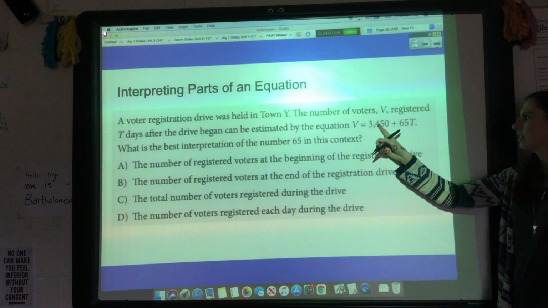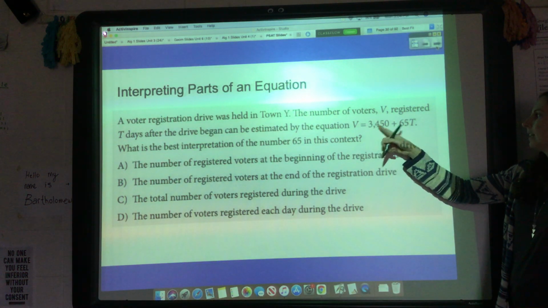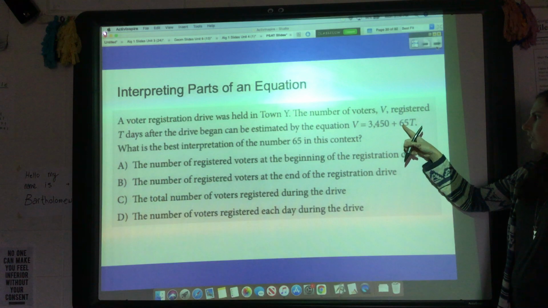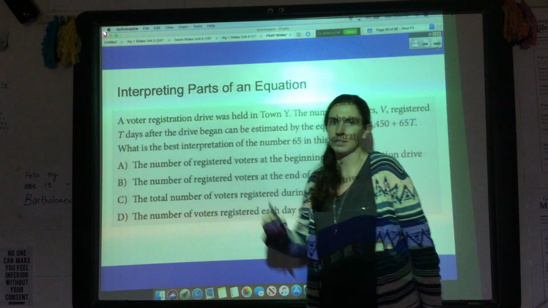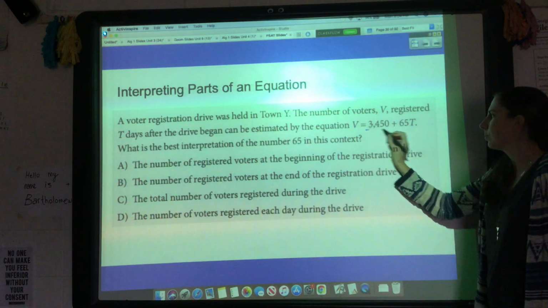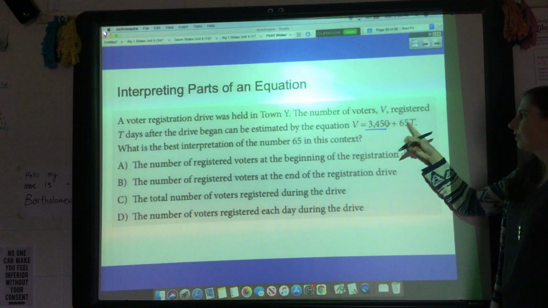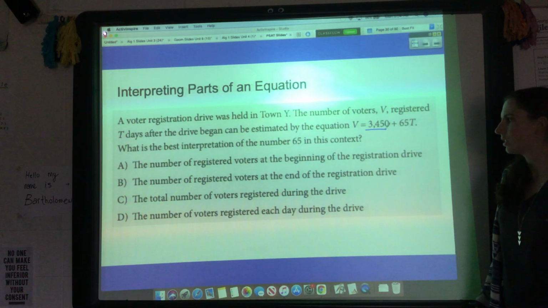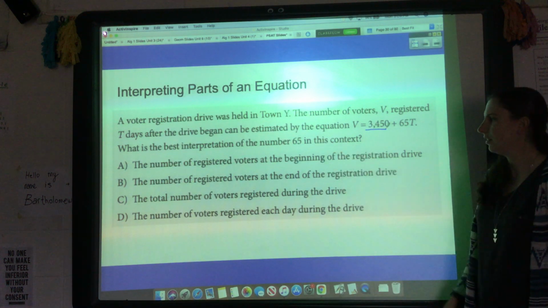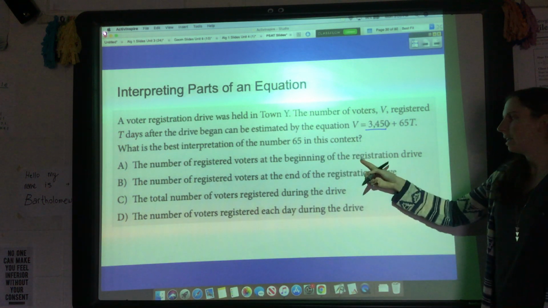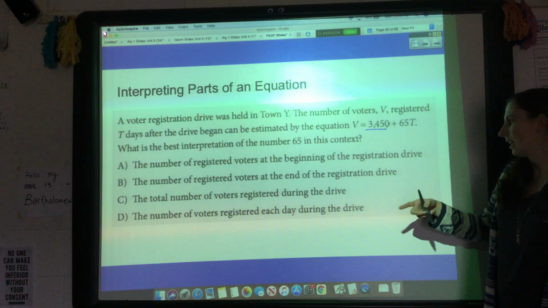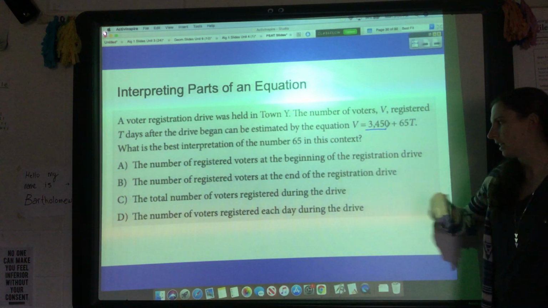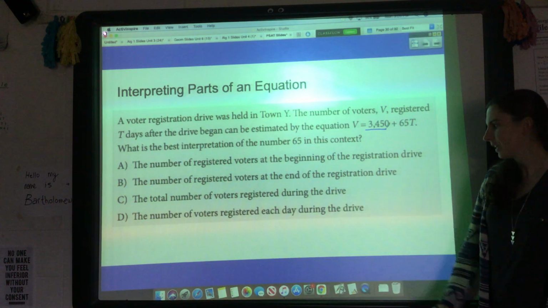So we start with this, and then we're adding 65 voters per T, which is day. So we're starting with this many voters, and then we add 65 each day, basically. And so the interpretation of 65 is not how many you started with, it's how many you're getting per each day. So it's not the beginning or the end, or even the total, it's the number at each day.